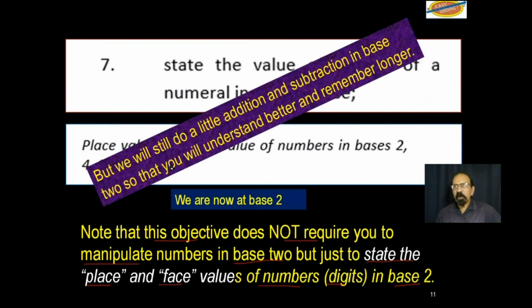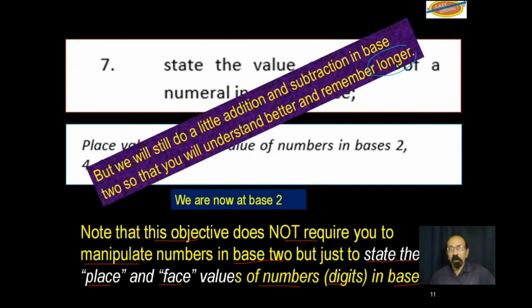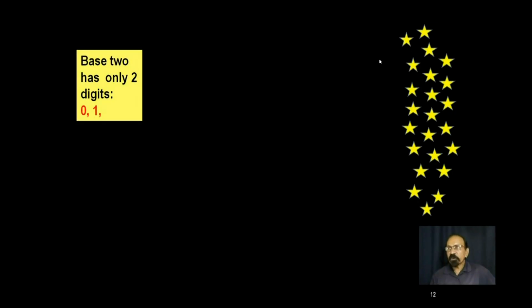But we will still do a little addition and subtraction in base 2 so that you will understand better and especially remember longer. Now, base 2 has only 2 digits.